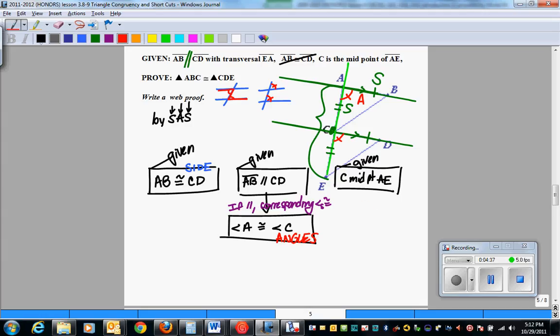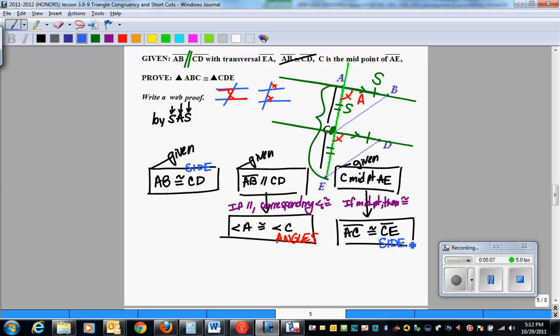And then C is the midpoint. And because of that midpoint, we know that A to C is congruent to C to E. A to C, C to E. We know that because of if midpoint, then congruent. And that gives us our other pair of sides.